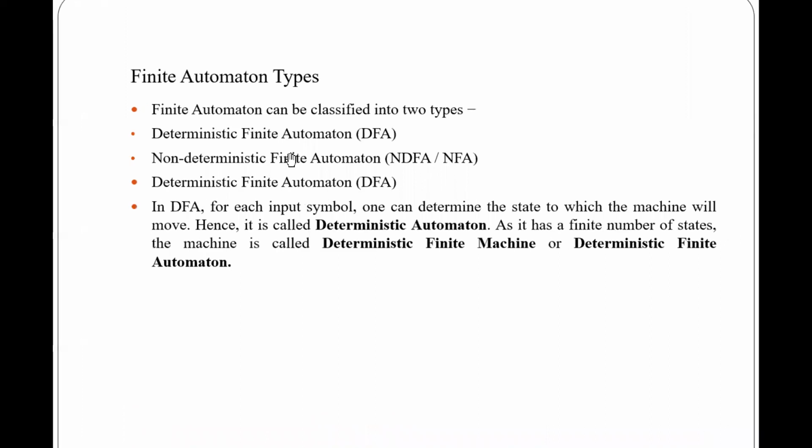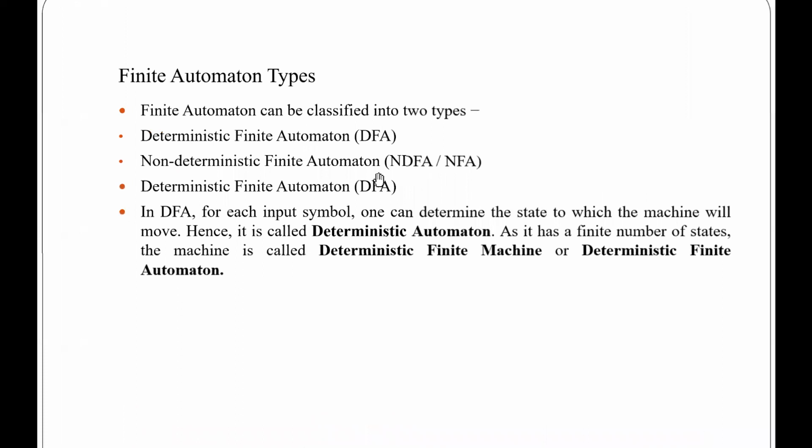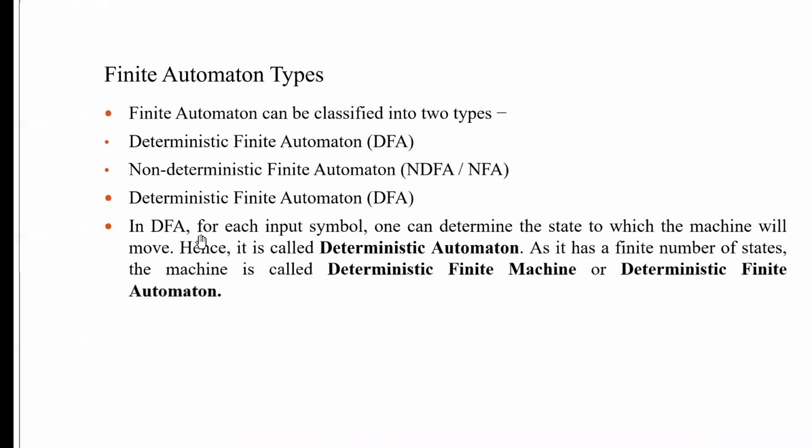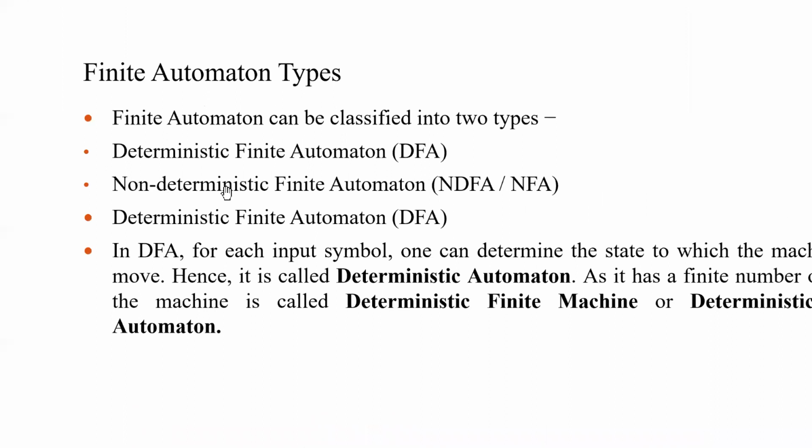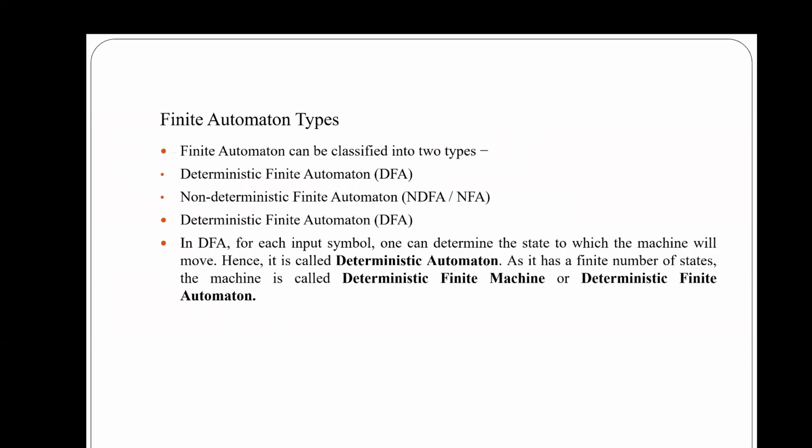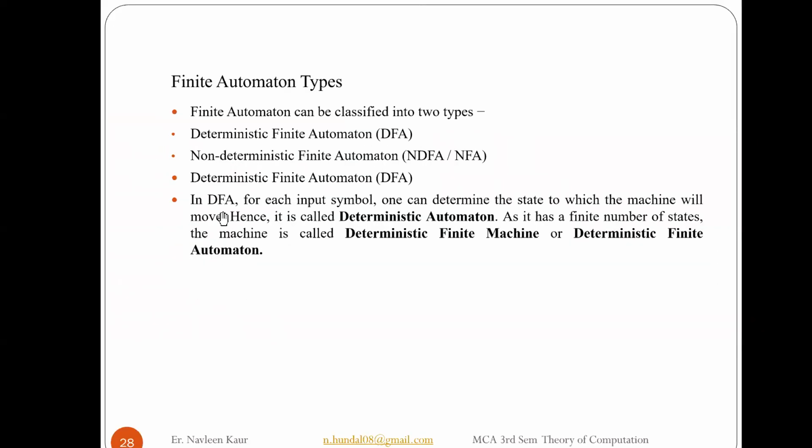The first one is deterministic finite automata, and the next is non-deterministic finite automata, sometimes termed NDFA, and sometimes we call it only NFA. So deterministic and non-deterministic. We covered deterministic finite automata in the last class, but I am still going to give you a quick recap. So what is deterministic finite automata?